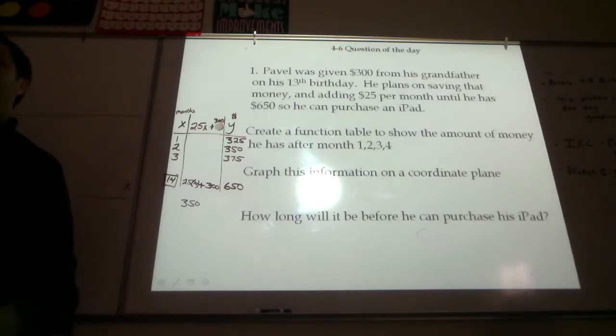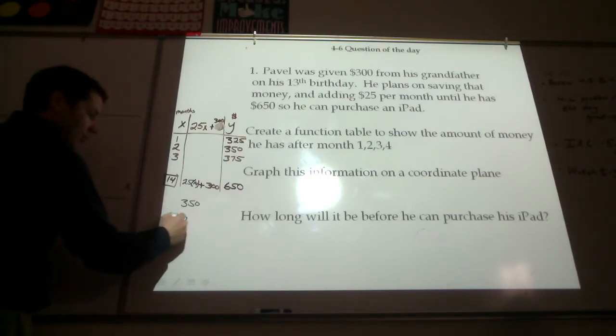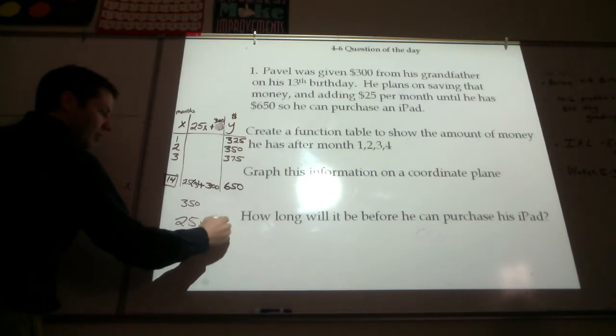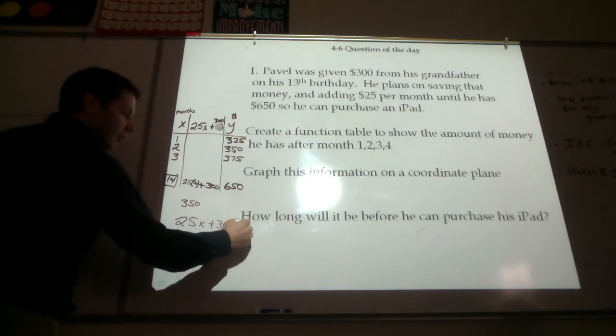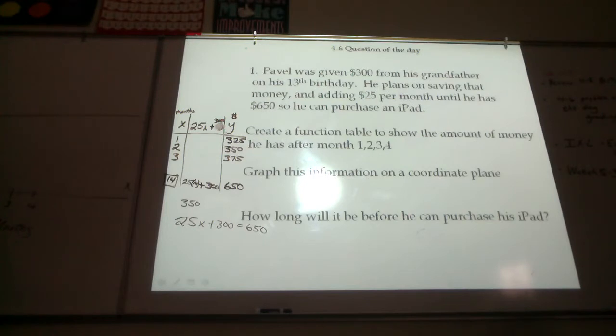Now what he actually did was this problem right here. 25x plus 300 is equal to 650. Now, kids, this is chapter 12. We're going to get to this eventually.